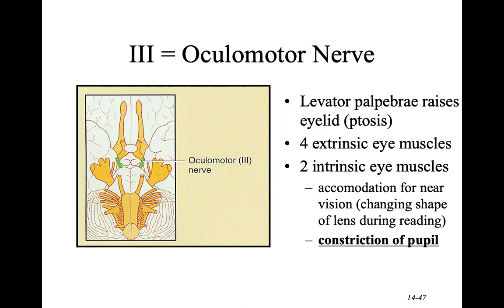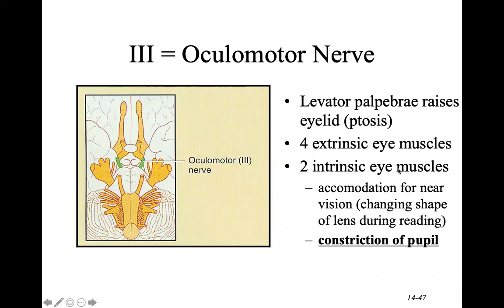That's ptosis. Cranial nerve 3 goes to all of the other eye muscles, the other 4 eye muscles, right? We said that the abducens nerve goes to the lateral rectus. We said the trochlear goes to the superior oblique. So there's 4 other eye muscles that we didn't mention. That's controlled by the oculomotor nerve.